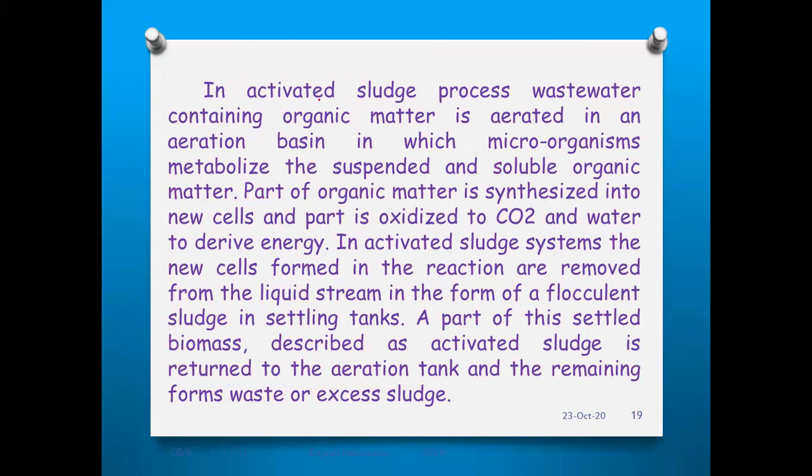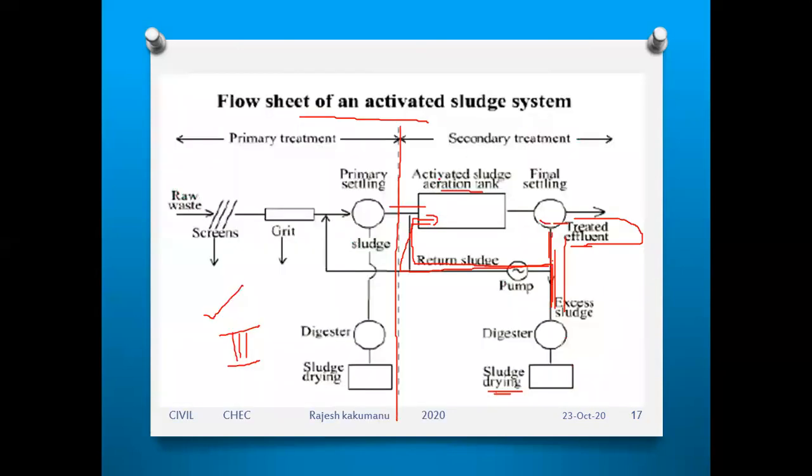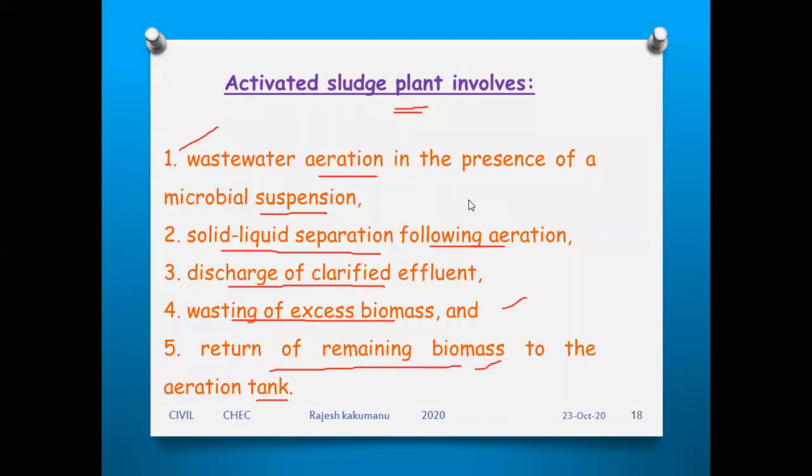So if you see the activated sludge process, in the activated sludge process, the wastewater containing organic matter is aerated. So where does the aeration process happen? Whatever wastewater is in this pipe, containing the microorganisms, is passed into this activated aeration tank, right?